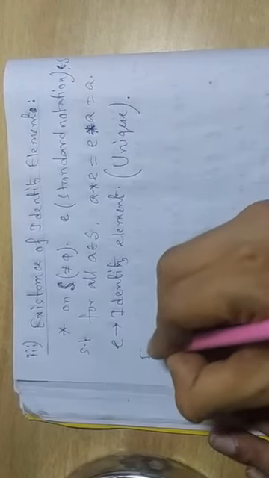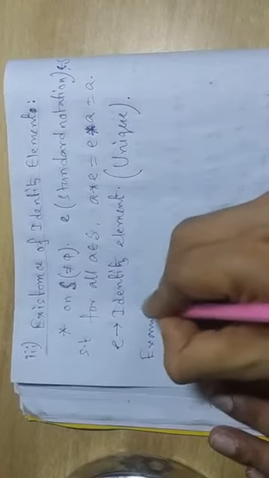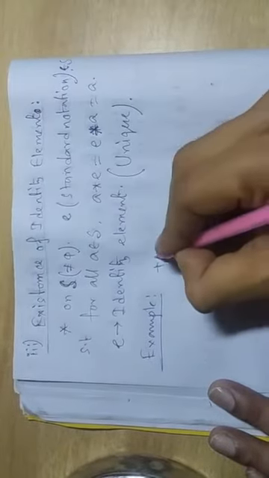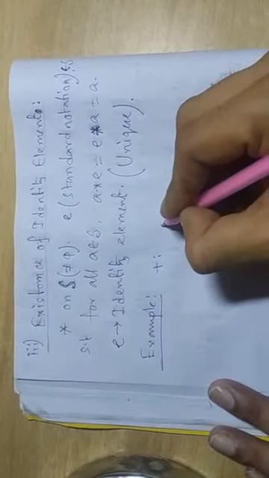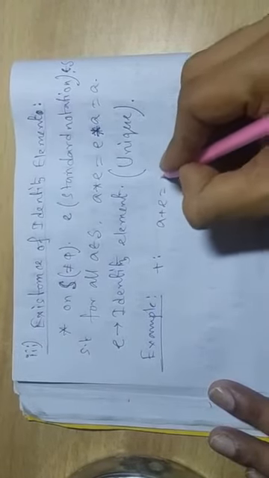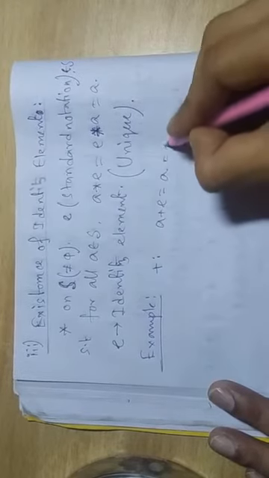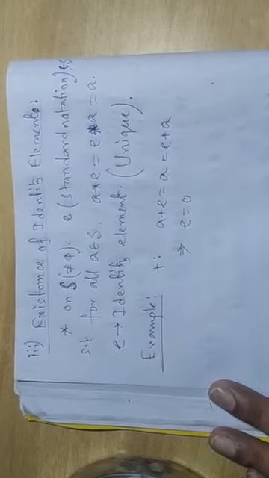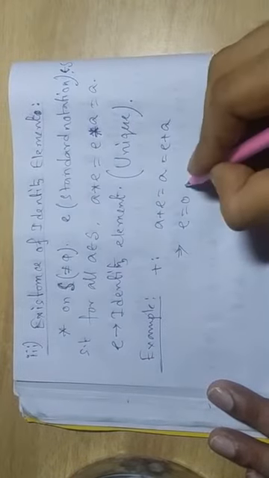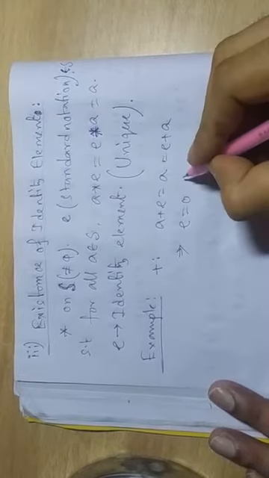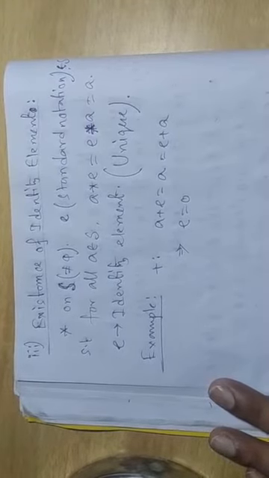So for example, let us take addition first. Suppose we take the identity element as E, then A plus E is equal to A is equal to E plus A. Solving this we get E equals 0. This belongs to any set except the set of natural numbers.